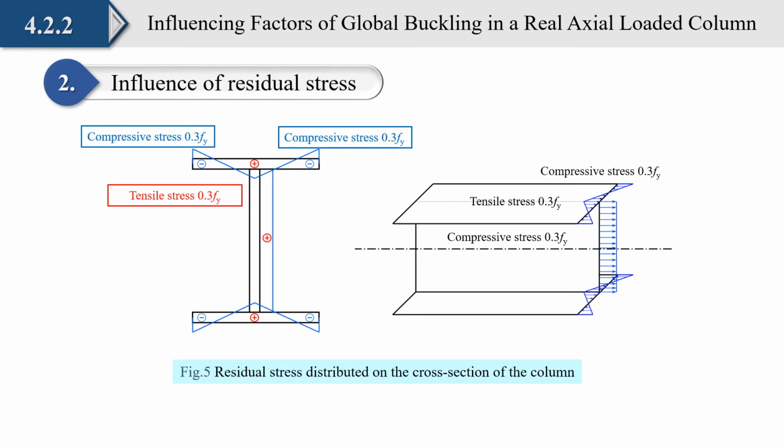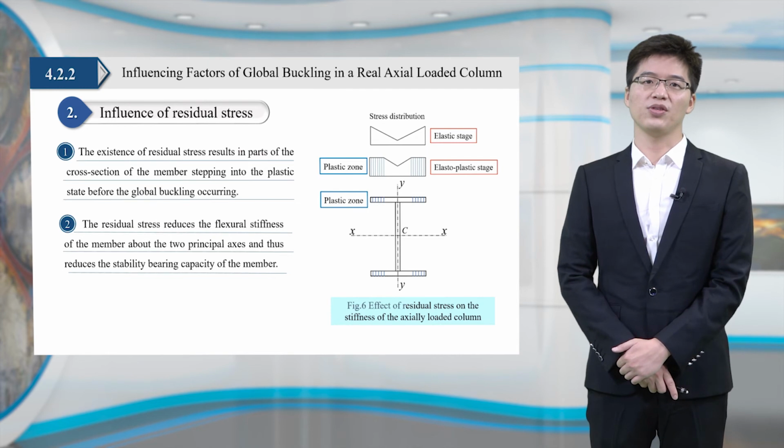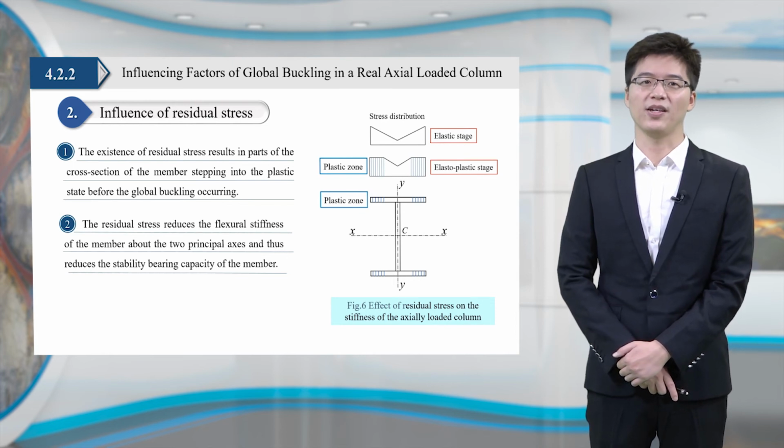First, let's look at the impact of residual stress on the behavior of the compression member. Figure 5 shows the residual stress distributed on the cross-section of the I-section column. It can be found that the existence of residual stress will result in parts of the cross-section of the column entering the plastic state before global buckling occurs.